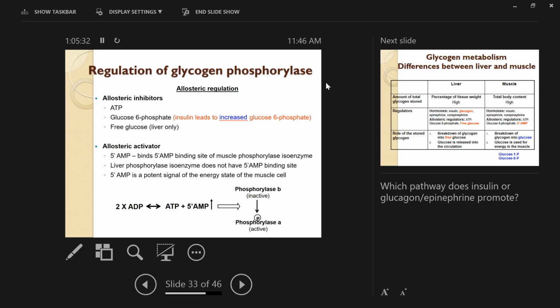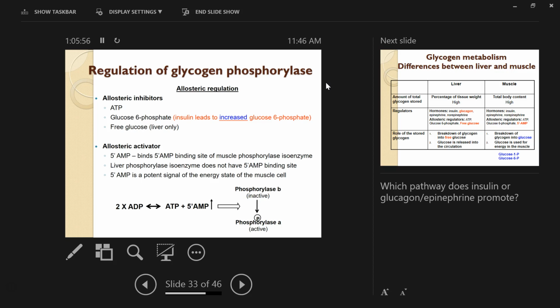which makes sense, right? When we have high ATP, we have enough energy, or when we have high glucose, that means you're probably under the fed condition, right? And glucose 6-phosphate is converted from glucose, so it also indicates you have higher insulin levels or higher glucose level.